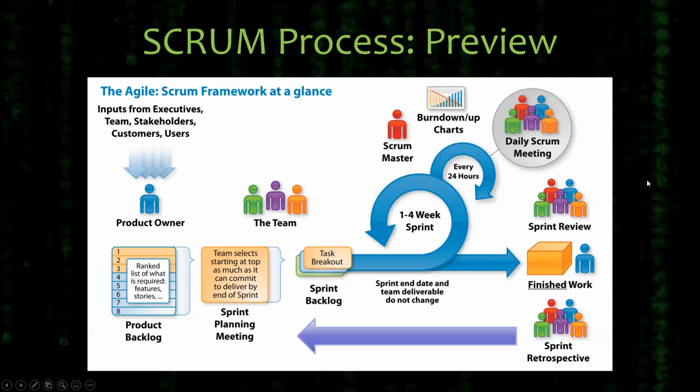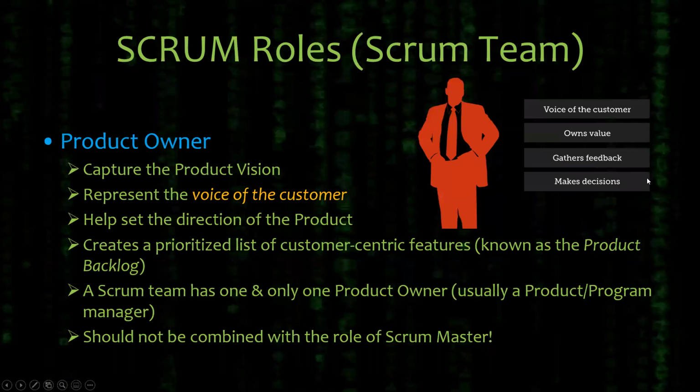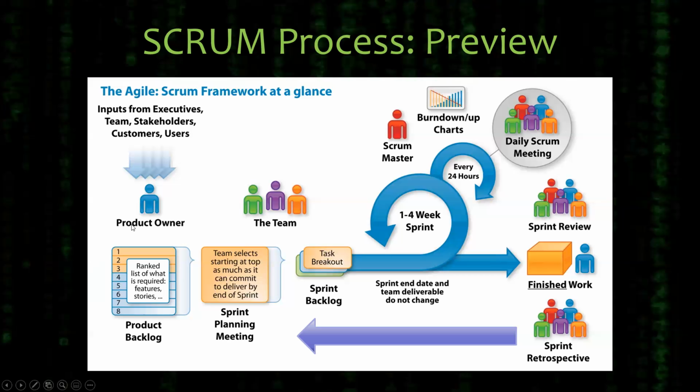Okay, so we will look at the Scrum roles in the Scrum thread. So these are the product owner, the development team, and the Scrum master you saw earlier. So you have the product owner, the team, and the Scrum master. So they are all part of the Scrum team.